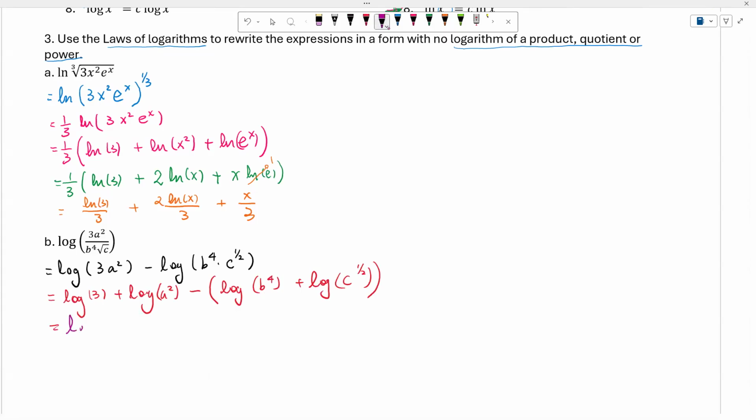And now log of 3 plus 2 times log of a minus 4 times log of b minus 1/2 log of c. Again, why is this minus? Because of this negative, right?